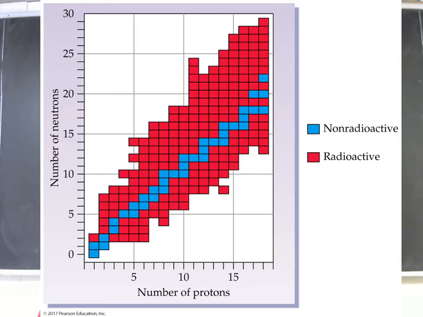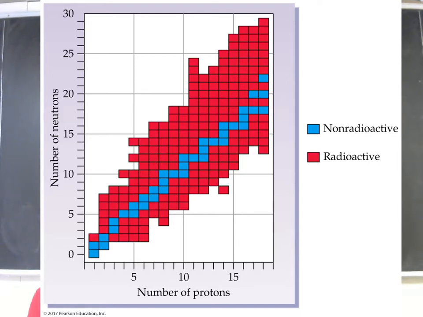And then there are some decay processes that will tend to decrease the ratio of protons to neutrons. And those would be things like electron capture or positron emission. And they'll be processes that occur for isotopes that lie below that blue line. So that is the belt of stability.